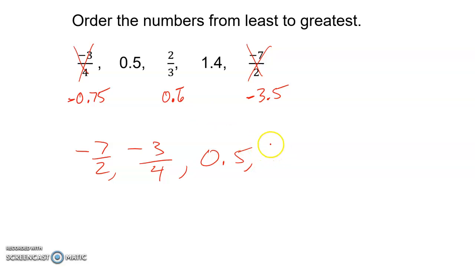Then the 0.6 repeating, which is 2/3. And the largest one is 1.4. So there they are in order from least to greatest. It'd take you a little longer because you'd have to change those fractions to decimals. And that's how I compare them. You can also change decimals to fractions, but then you got to do a common denominator.